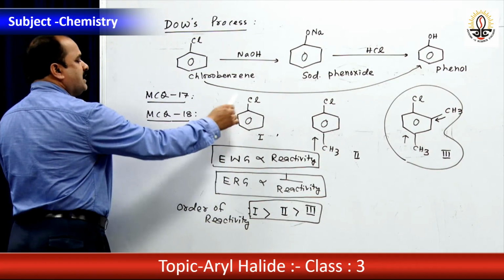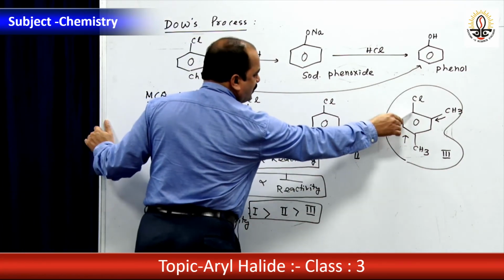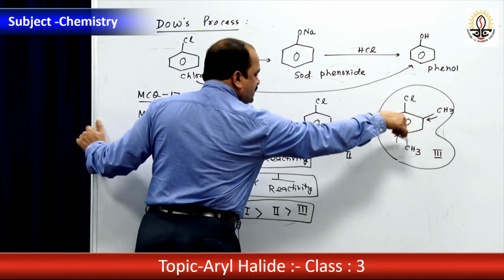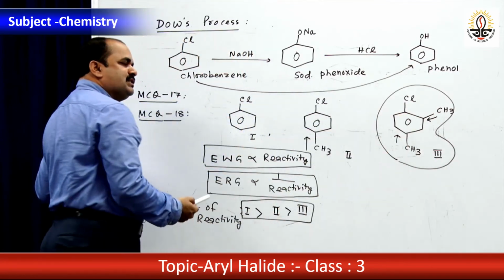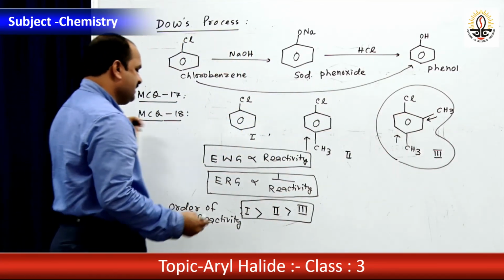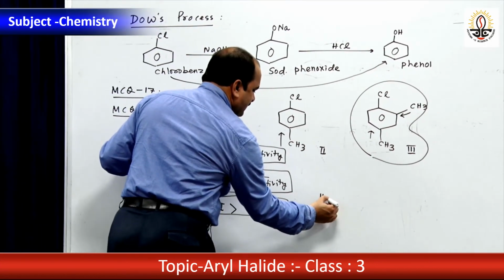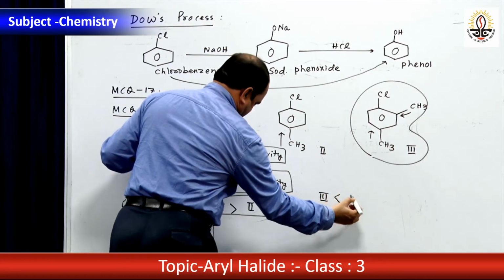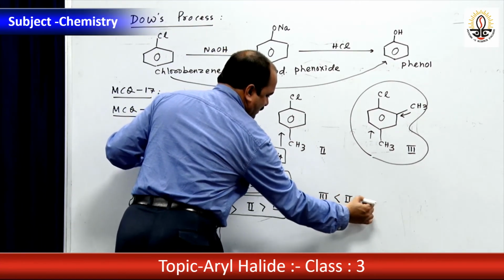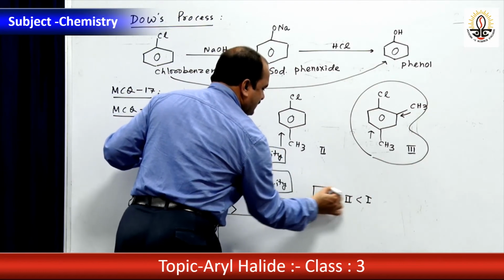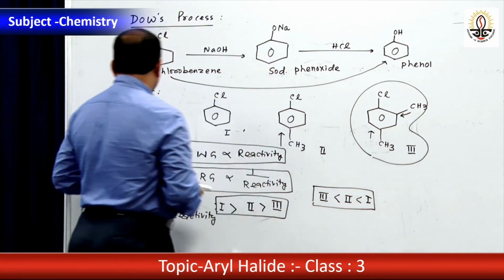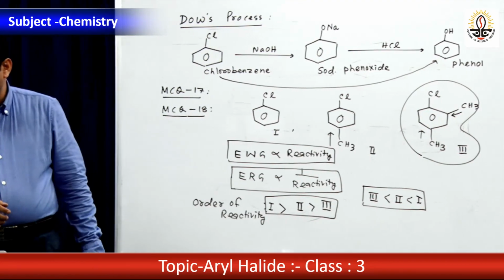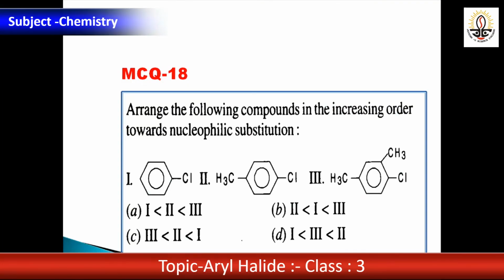Chlorobenzene is more reactive. Dimethyl chlorobenzene is less reactive due to the presence of 2 electron releasing methyl groups. In the decreasing order it is 3, then 2, then 1. So this is all about multiple choice question number 18, and the correct option is option C.